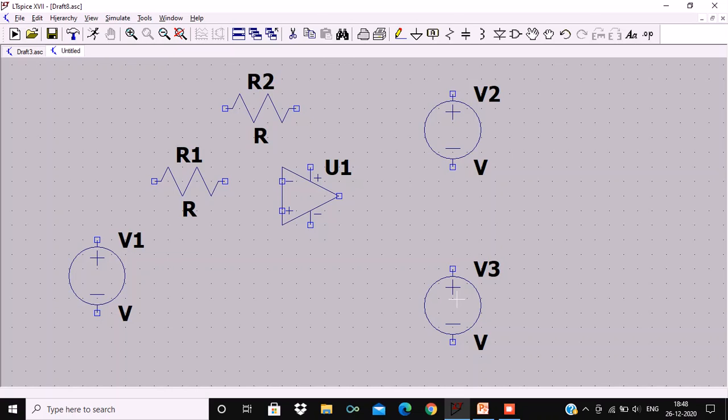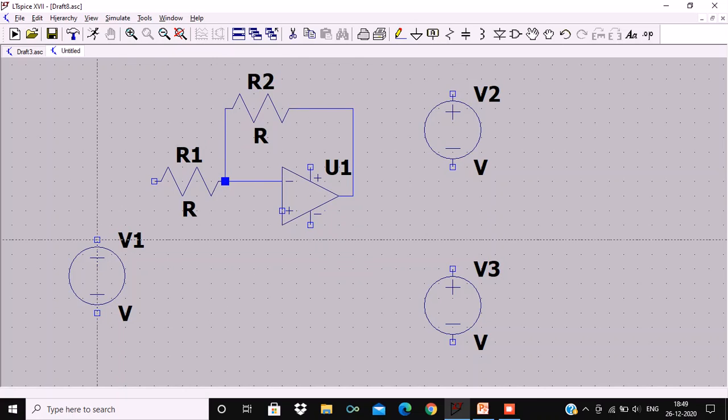For this purpose, first of all, I am connecting my inverting terminal to the series resistance R1. Now, I am connecting my series resistance to feedback resistance. Next I am doing is connection between feedback resistance and the output of op-amp.